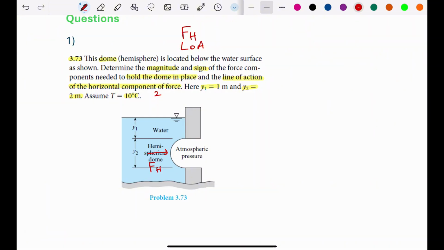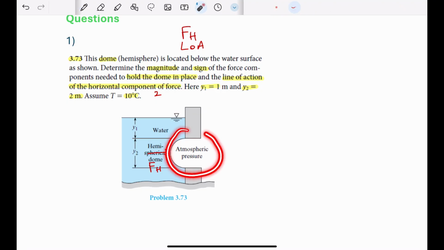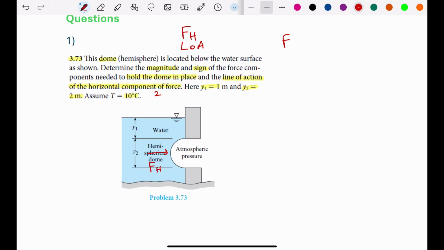So this means that we need to apply an equilibrium so that this dome will be held in this place. In other words, it means buoyancy force should be equal to vertical force, or it should be equal to weight of this dome.